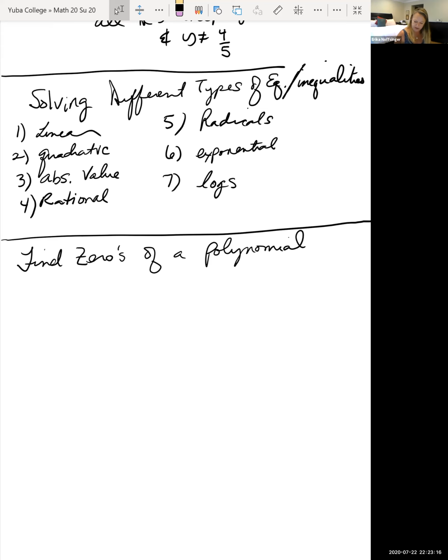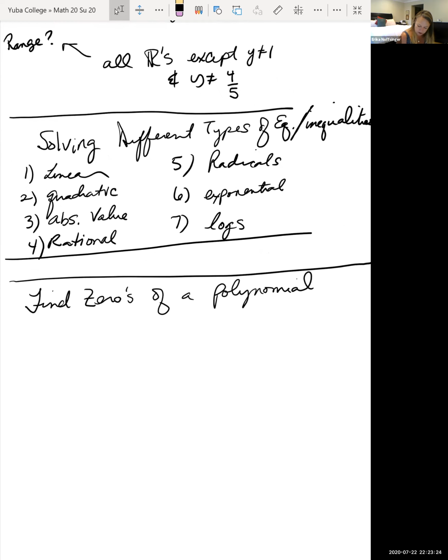Oh, while I'm thinking about it, you should be able to find inverse functions. You should be able to say, does a function have an inverse? If it does, you should be able to find the inverse.